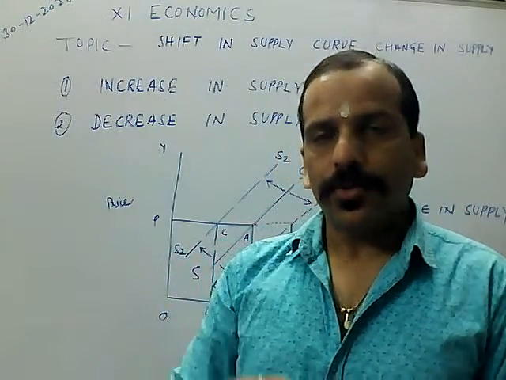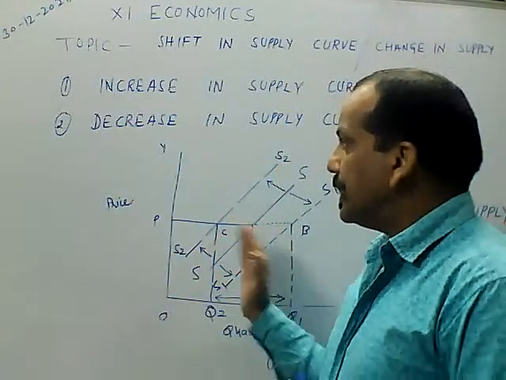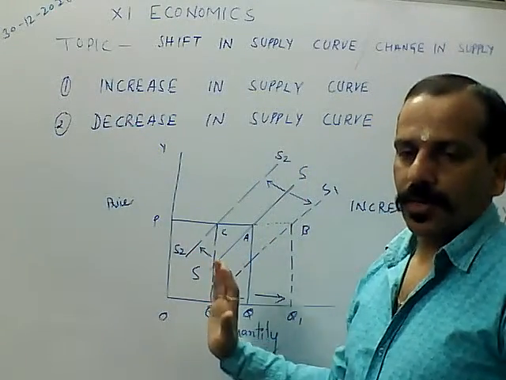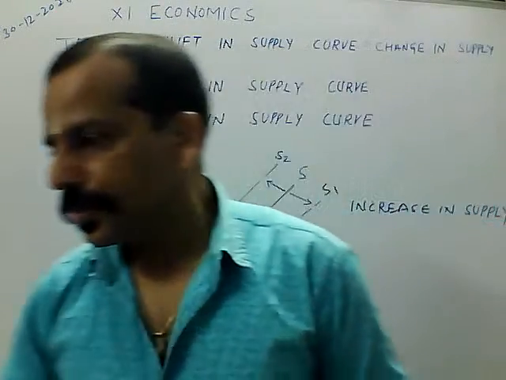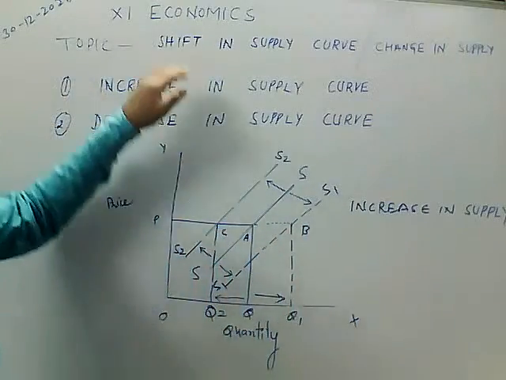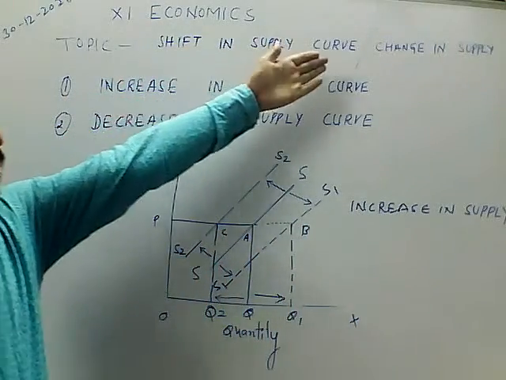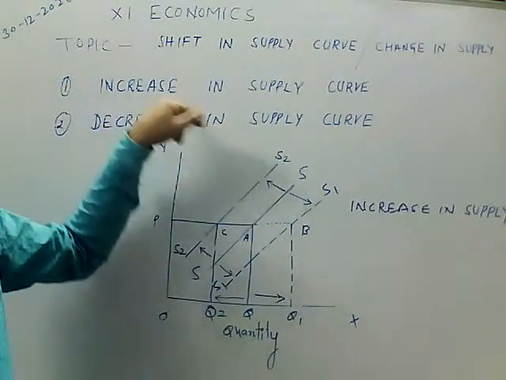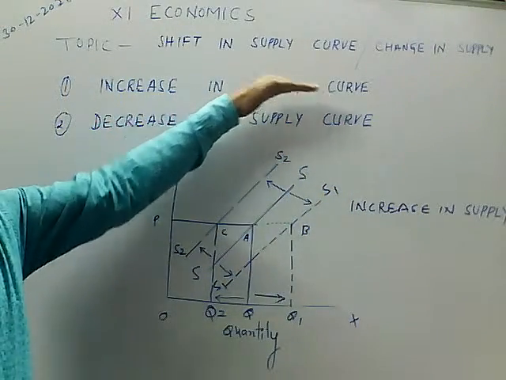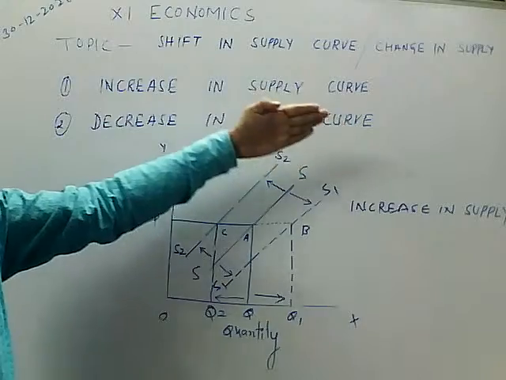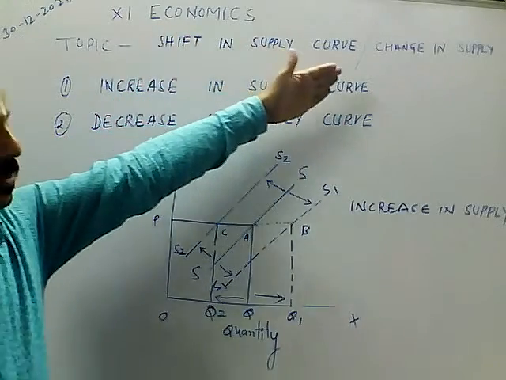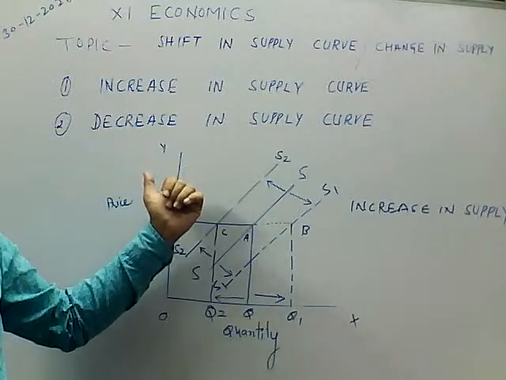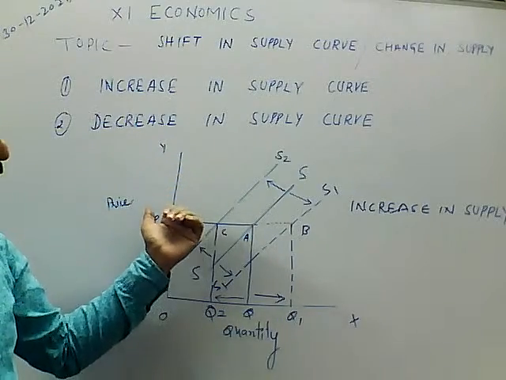These are the reasons for the decrease in the supply curve. So shift in the supply curve or change in the supply, two situations are there: either increase in the supply curve or decrease in the supply curve, either right hand side shift or left hand side shift in the supply curve.